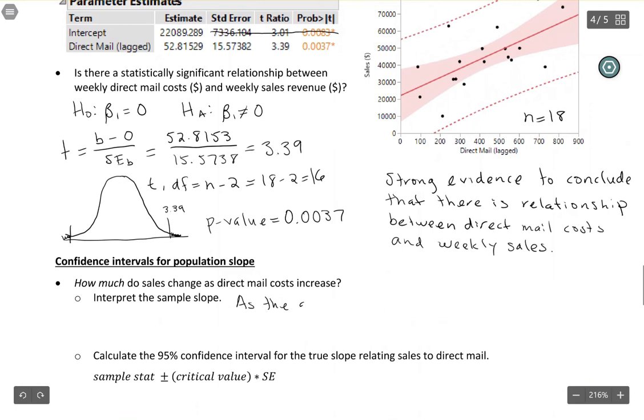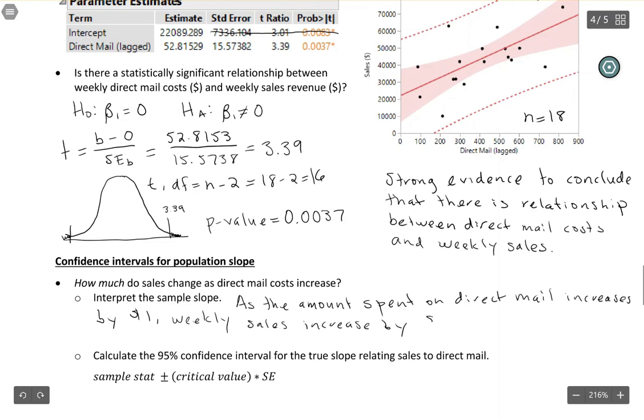So we would say as the amount spent on direct mail increases by 1 unit, and in this case everything's being measured in dollars, so as it increases by $1, the weekly sales increase by this amount, $52.82 on average. You can say on average, or you can say predicted to increase, but something to show that there's variability in that.